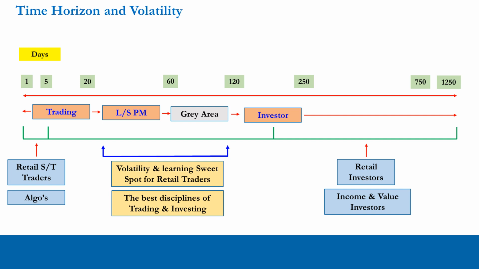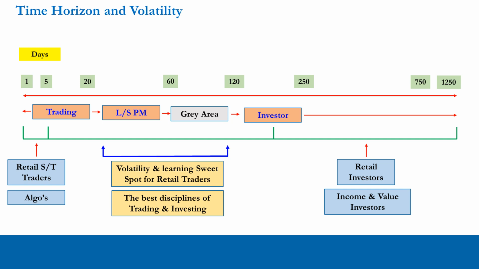So the framework itself, how do we actually go about achieving this? Well, we are traders. We are not investors. What you are looking at here is a chart of time horizon and financial markets volatility.